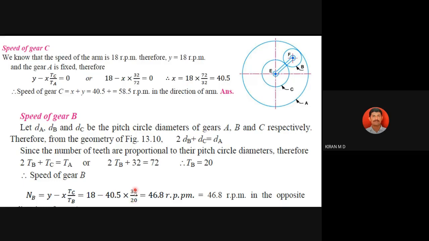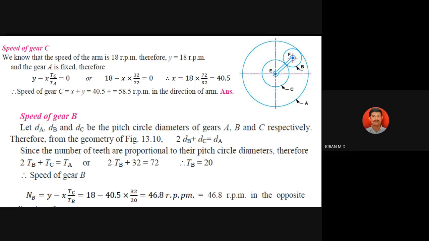TC by TB is 32 by 20, that is equal to 46.8 RPM. Okay? Actually, you are going to get minus 46.8 RPM, so it is in the opposite direction of the arm.